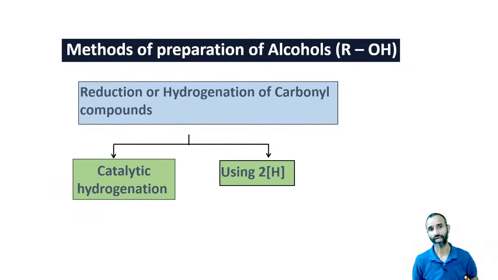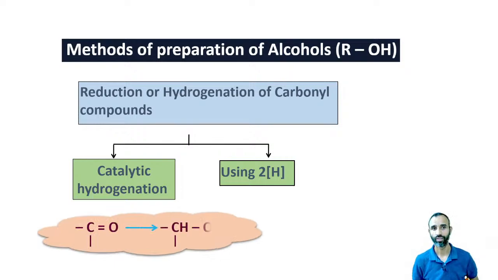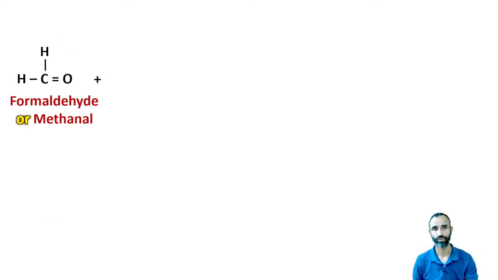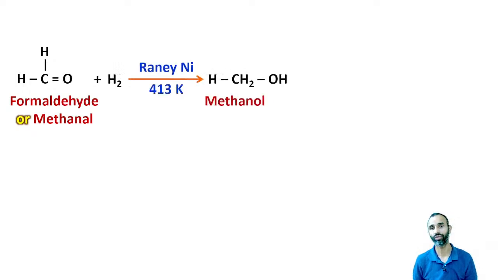It is either catalytic hydrogenation or using nascent hydrogen, C=O to give CHOH. It is formaldehyde. So if we treat it with H2 nickel, we get alcohol, methanol.